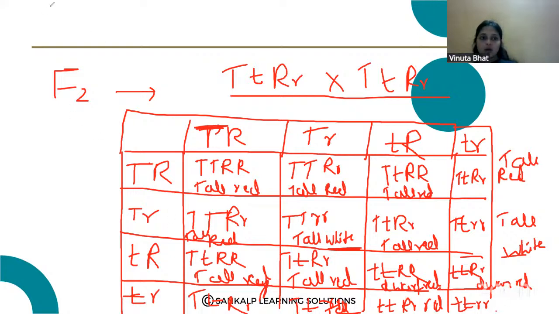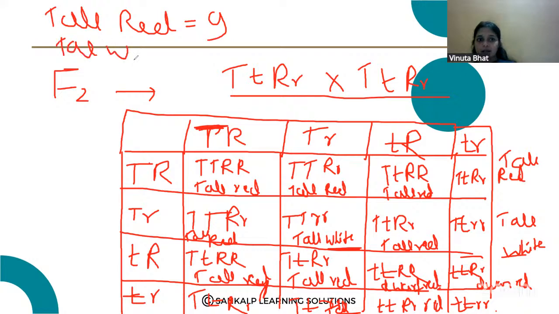Here you can observe tall red color flowering 9 plants. You can calculate tall 1, 2, 3, 4, 5, 6, 7, 8, 9. Total 9 tall red plants are produced, and tall white color flowering plants 3.